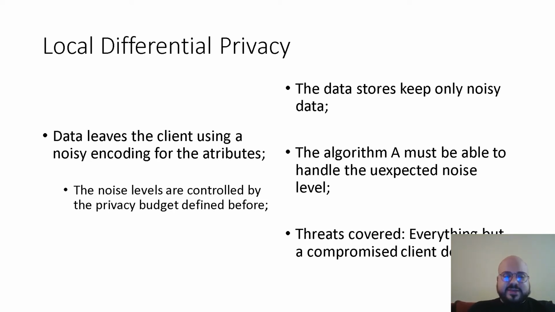No data leaves the device to the server without being first encoded using a noisy encoding. So if one report is intercepted by an attacker, the data is too noisy for him to make sense of it. But the server, while aggregating a lot of reports over time, can use these noisy reports to do statistical analysis.